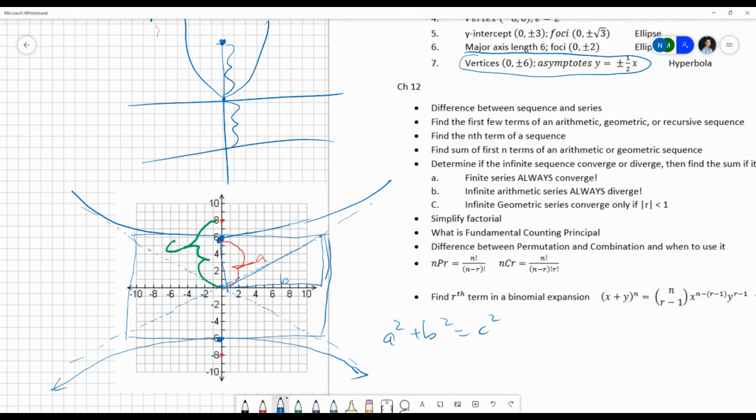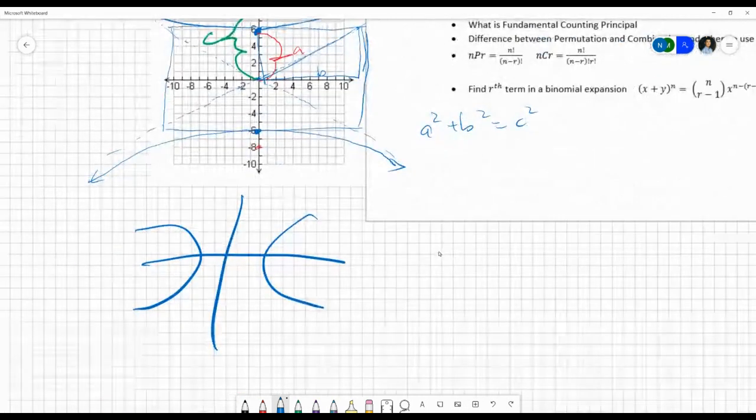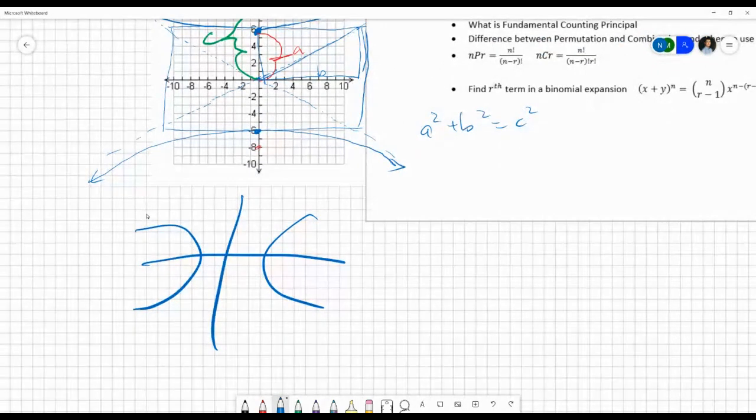Okay. I understand, sir. How else could I better prepare for this hyperbola situation? When is a hyperbola like this? Scroll down. Remember that a hyperbola means one of them is going to be negative, like one of the x squared or the y squared.